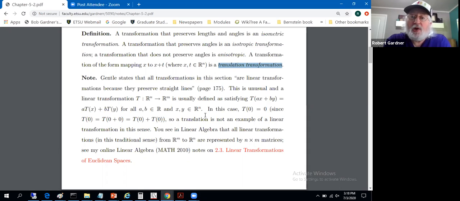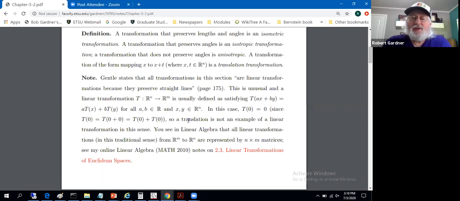And this is a much broader sense than this thing Gentle is talking about on page 175 about preserving lines. When we have a linear transformation of this sort, 0 has to be mapped to 0. Plug in X and Y, say, plug in a and b as the 0 scalar. So it'd have to hold for those as well. Then we'd have T of the 0 vector equals 0 vector plus 0 vector. T of the 0 vector has to equal the 0 vector.